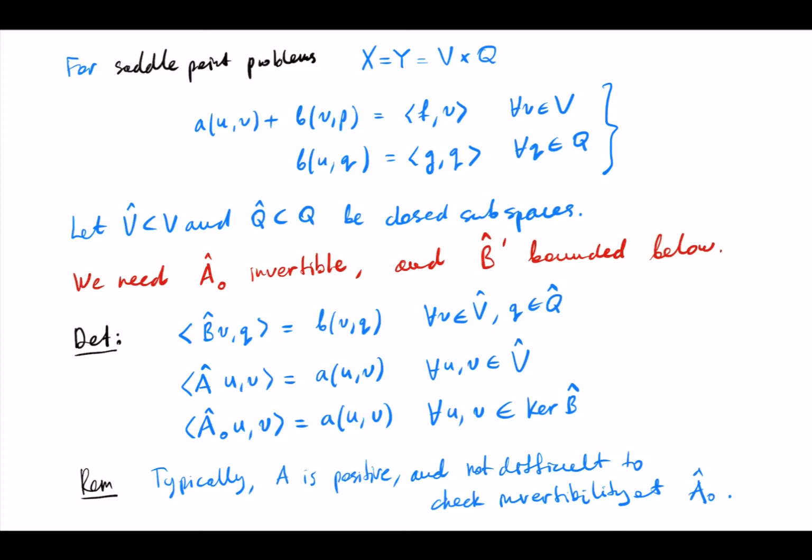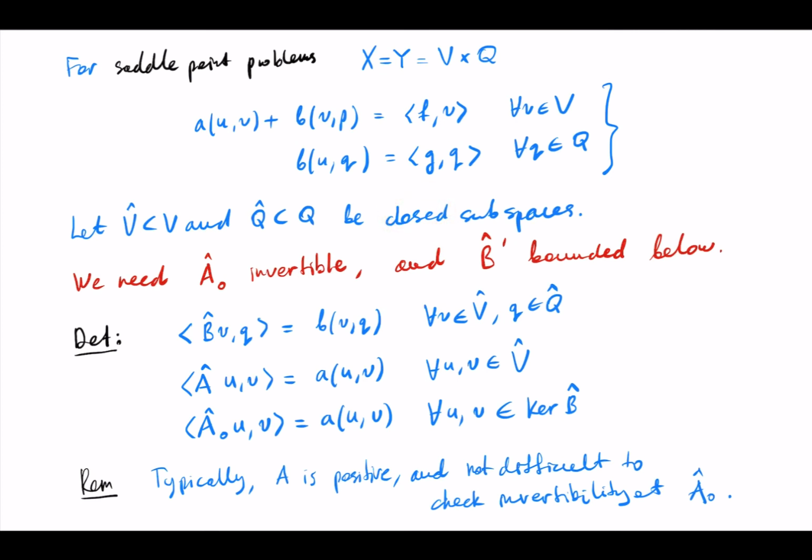Okay, so to discretize this problem, we take a subspace of V and a subspace of Q. They should be closed subspaces in general, but in practice we only take finite dimensional spaces, so the closedness condition will be automatically satisfied.